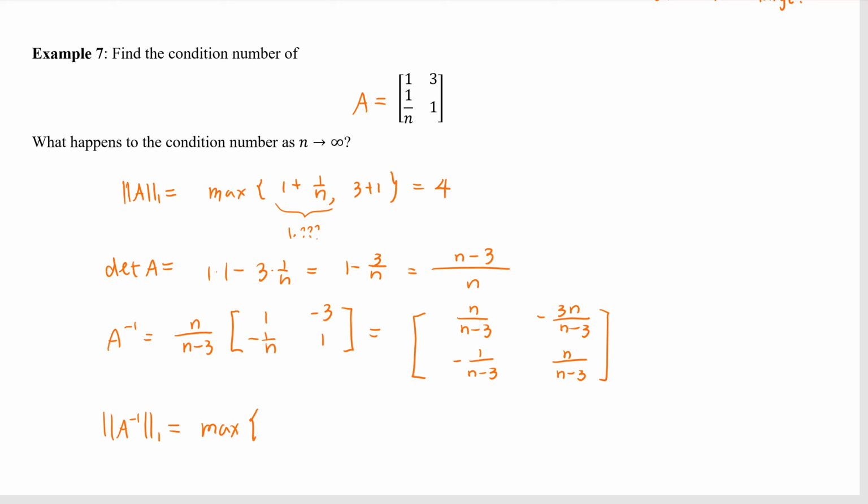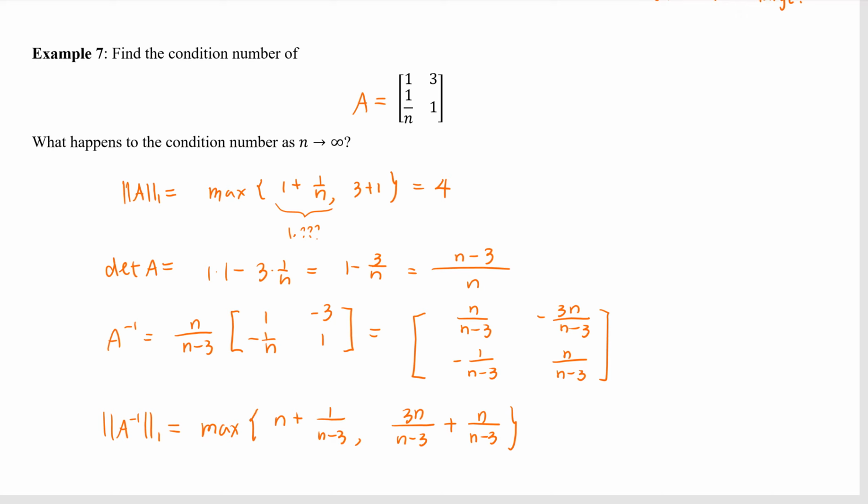So the column sums are n plus, not minus, because we're talking about absolute value, right? 1 over n minus 3, and then we have 3n over n minus 3 plus n over n minus 3, because we're talking about absolute values.